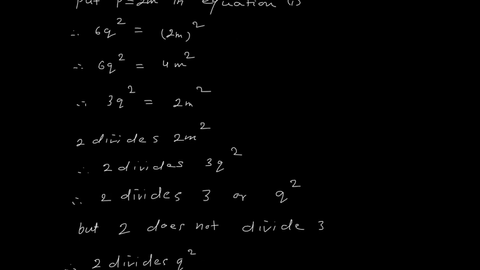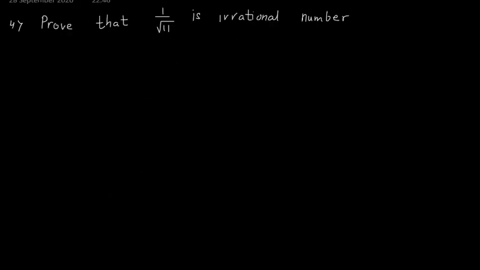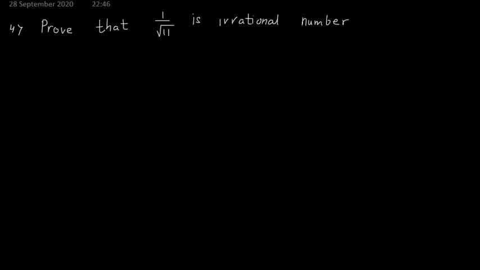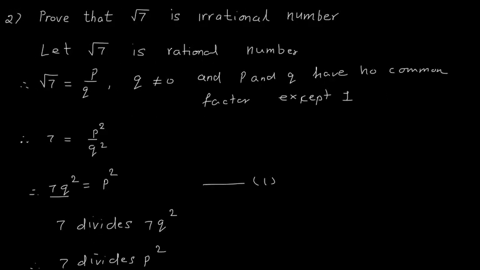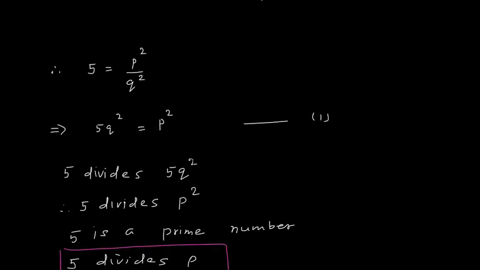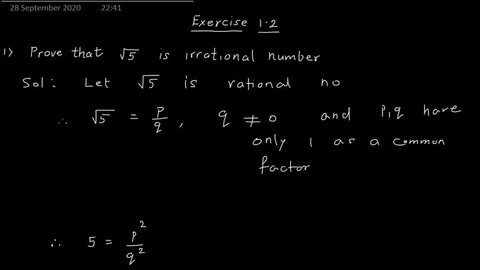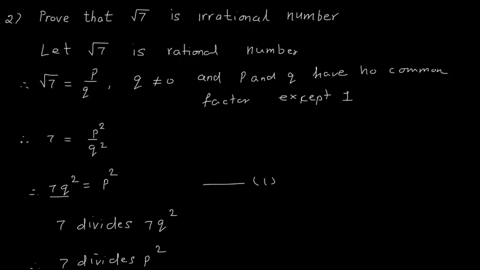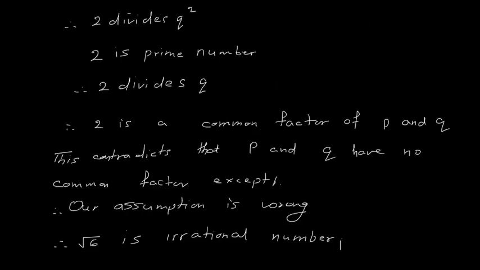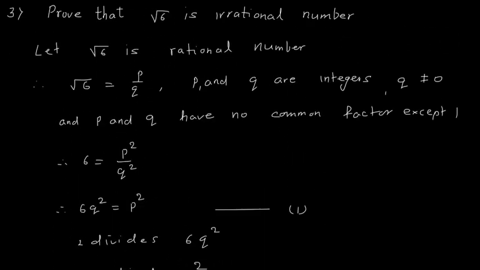So I think you should first practice these three questions which we have discussed. First question, prove that root 5 is an irrational number. Second, root 7 is an irrational number, and third, root 6 is an irrational number.